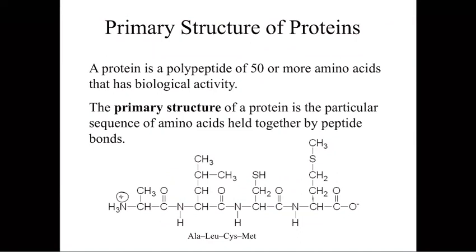Remember, proteins, because of the size of the proteins that we know out there, are known to be at least 50 or more amino acids, and they must have a biological activity. That's what is considered a protein. Typically, if anything is smaller than that, we call it a peptide in biochemistry, okay? But again, this is a small peptide of 4 amino acids.